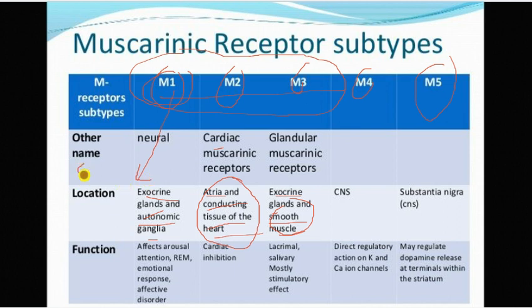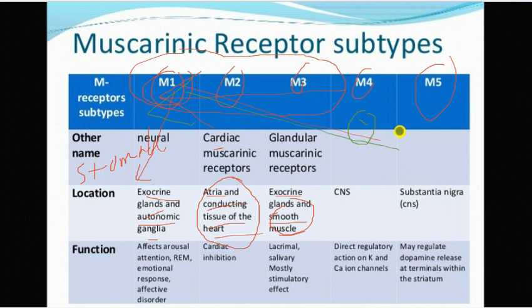Very important, stomach. So we have a drug which can block M1.